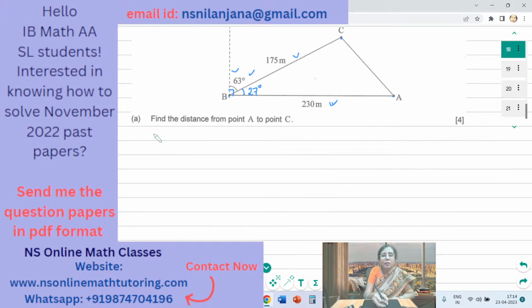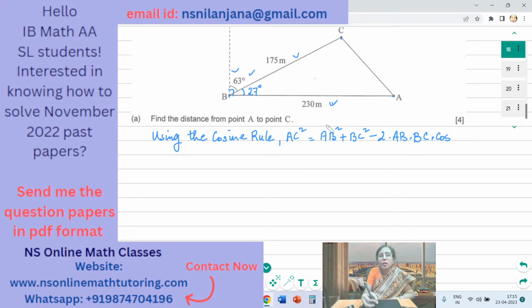So using the cosine rule, we have AC squared equal to AB squared plus BC squared minus 2 times AB times BC times cos of angle ABC.